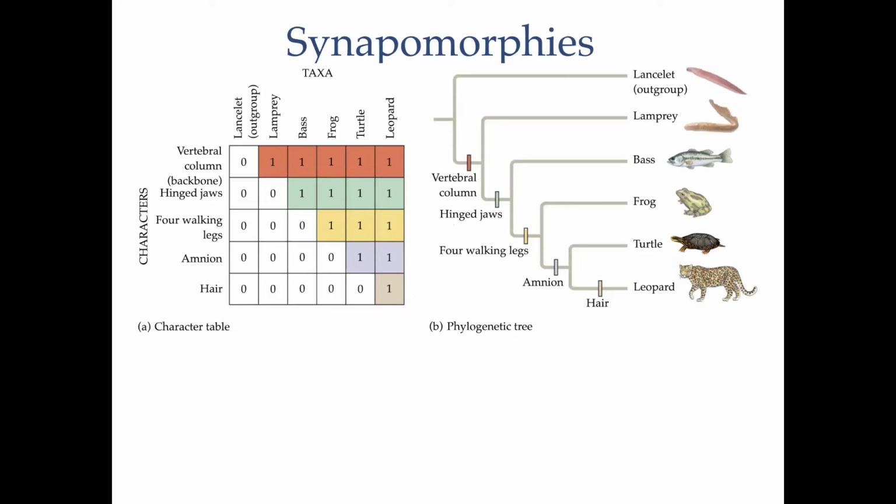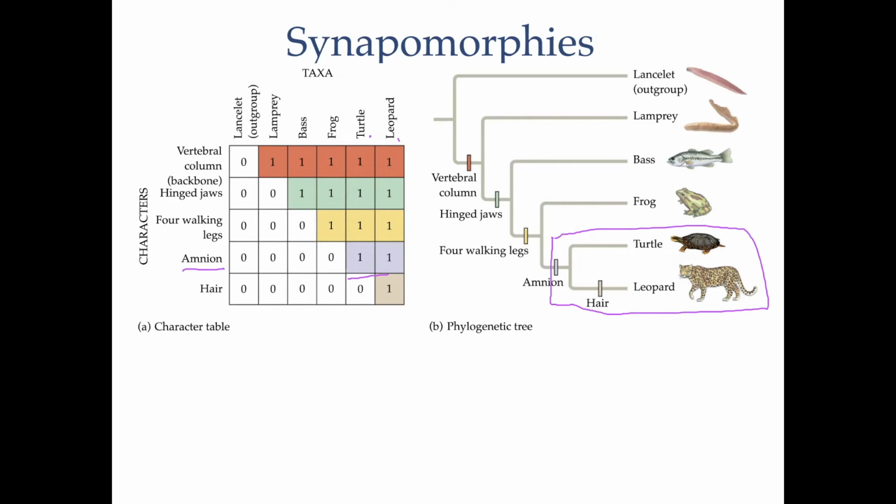Let's see one example in this tree that we just created. So I can tell you, for example, the purple here for amnion is present. Amnion is present in turtle and leopard, which is this group here.